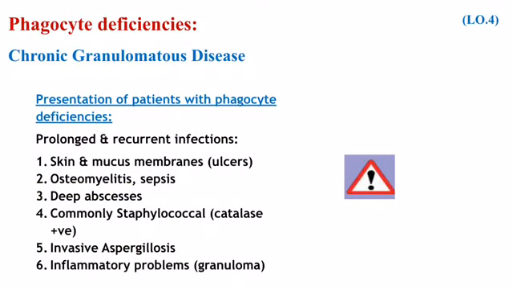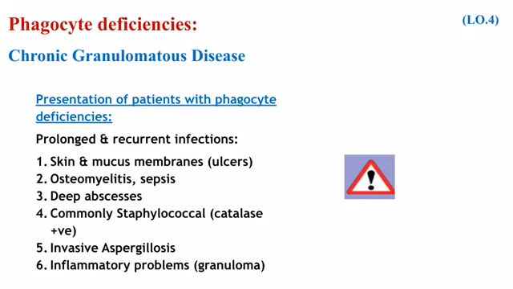Phagocyte deficiencies, for example, chronic granulomatous disease. The presentation of a patient with phagocyte deficiencies is prolonged and recurrent infections of the skin and mucous membranes, with constant ulcers, osteomyelitis, sepsis, deep abscesses, and commonly staphylococcus infection.